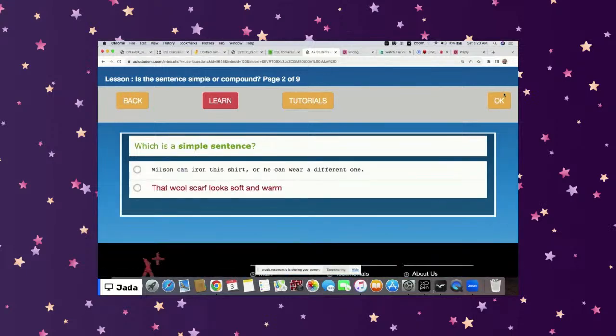So, which is a simple sentence here? Wilson can iron this shirt or he can wear a different one. The wool scarf looks soft and warm. Which is a simple sentence?